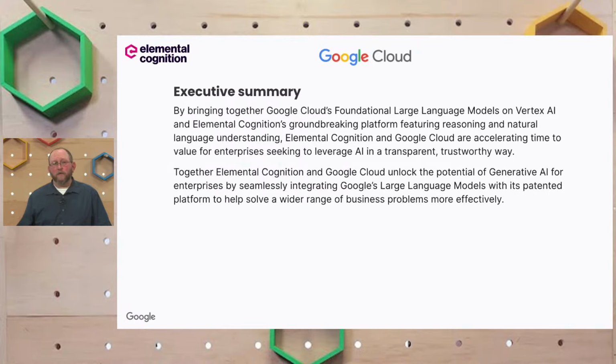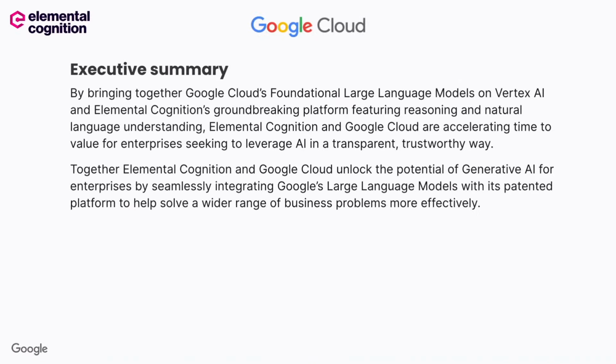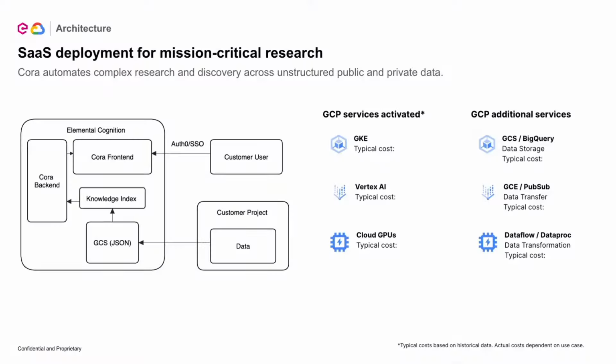Another partner, Elemental Cognition. By bringing together the foundational large language models on Vertex, Elemental Cognition is able to really enhance what customers are able to do with research and discovery across all different kinds of data, whether it's structured, whether it's unstructured, whether it's private, doesn't matter. They really kind of turbocharge that search capability.